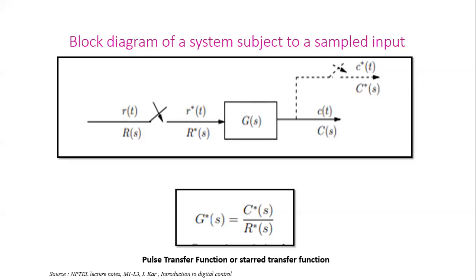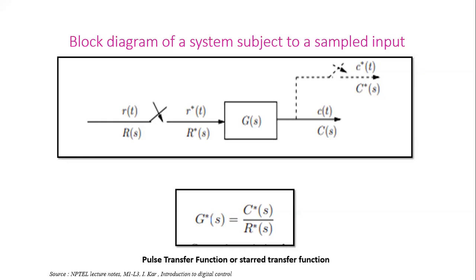So when it was earlier Laplace, now I'll have to use a transform which works for digital or discrete parameters, and which is nothing but your PTF. Now I call it a pulse transfer function. I hope the word pulse makes an impact and helps you relate with the word digital. So this PTF relates the Z transform of the sampling instance to the Z transform of the sampled input.